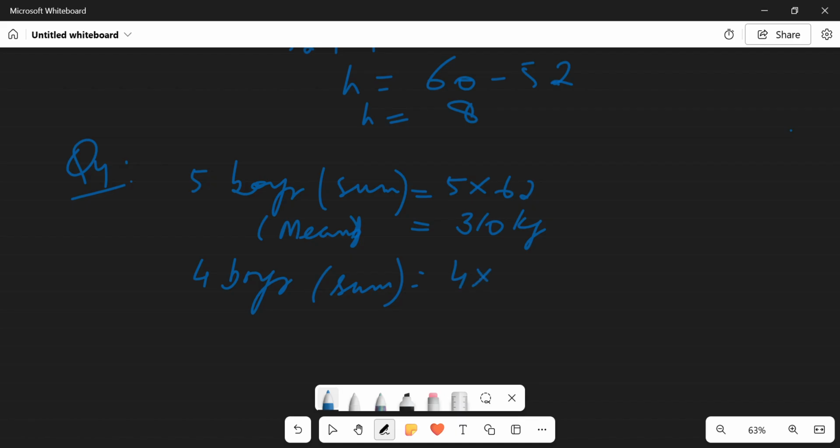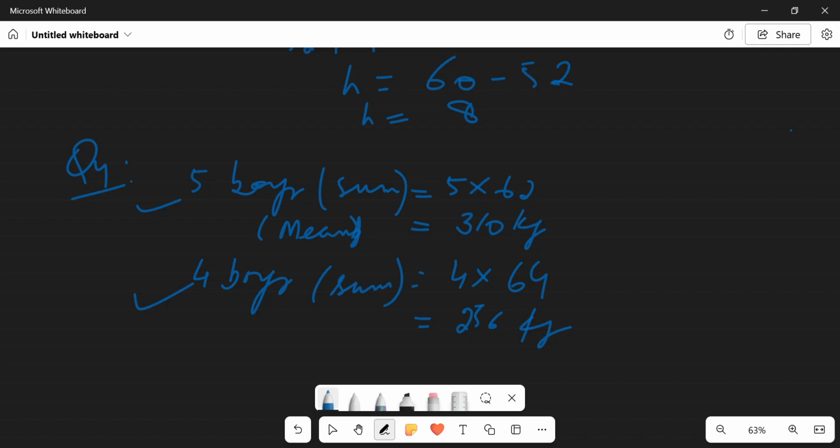What is the mean given to you in this question number four? It is 64, right? Please see the question from the book. When you multiply, 4 fours are 16, 4 sixes are 24, it is 256 kg. Now the five boys are there, and the four boys are there.